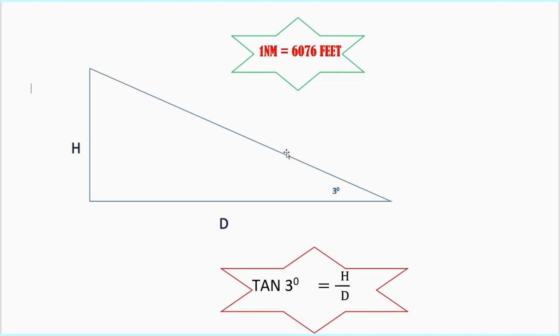So from your high school mathematics, we are looking at a right angle triangle which forms a certain angle between the standard flight path and the horizontal distance from a particular waypoint or from the airport for that matter. From your basic trigonometry, you know that there is sine, cos and tan. We are not interested in sine and cos in this case. We are interested in the tangent function.